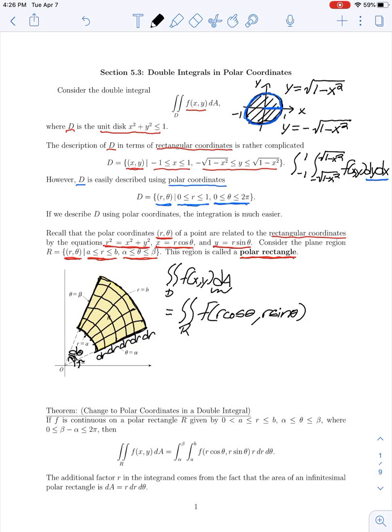So now the differential of area in terms of polar coordinates, let's think about how we would find it.